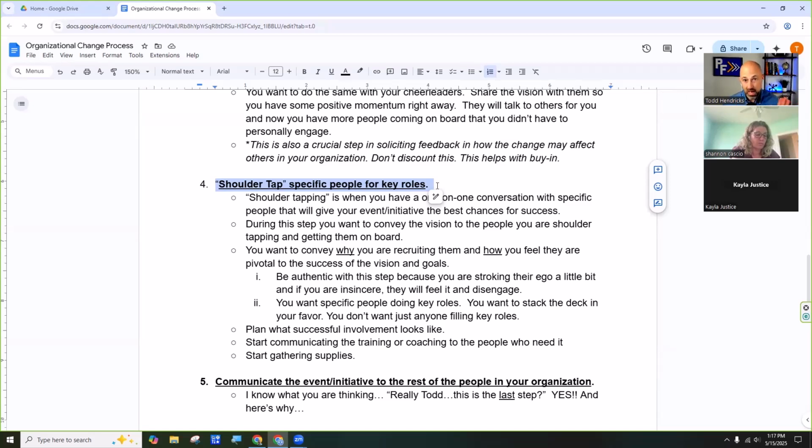And literally, that means go up and tap them on the shoulder. And you don't actually have to tap them on the shoulder, but go up and say, hey, what name haven't I used yet? Let's go with Marissa. Hey, Marissa, we're going to do this thing, and you're really good at this thing. Now, we haven't announced this yet because we're kind of putting our ducks in a row first, but we really see you as highly effective in this thing that we need.